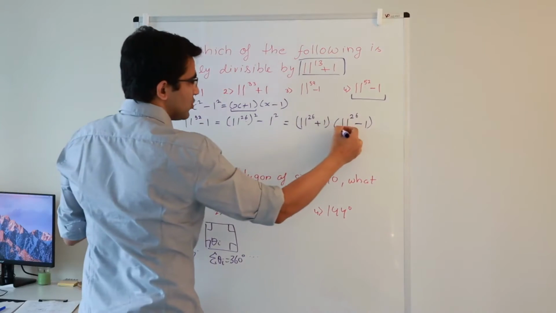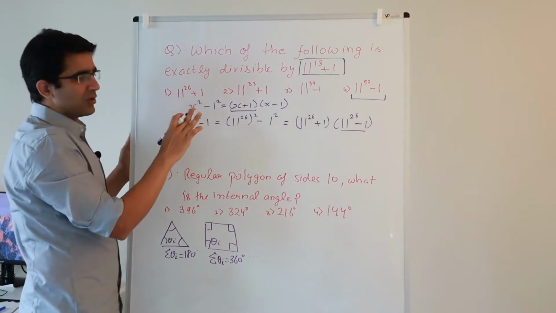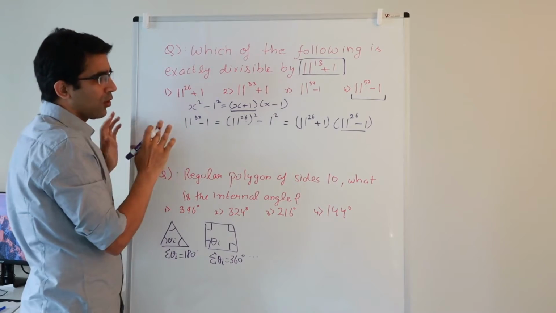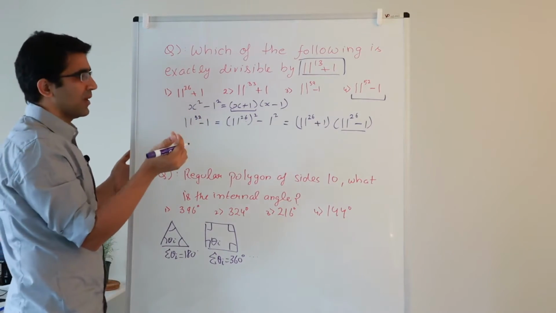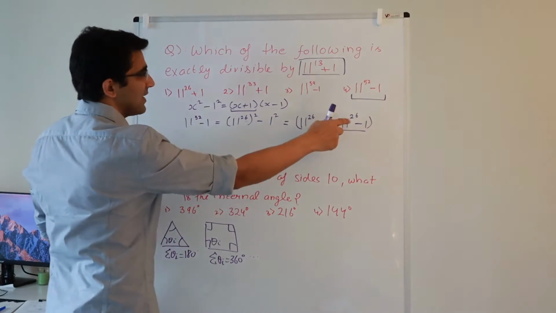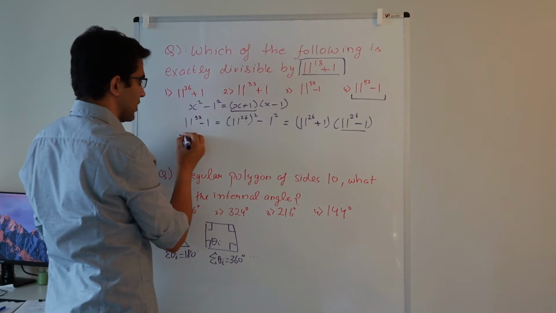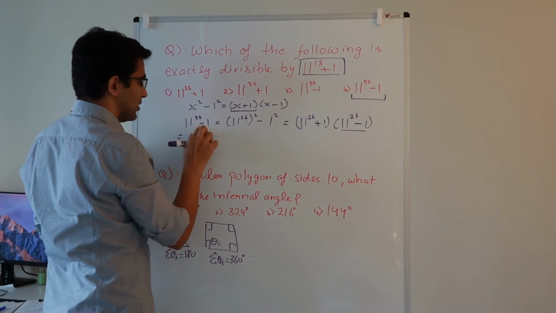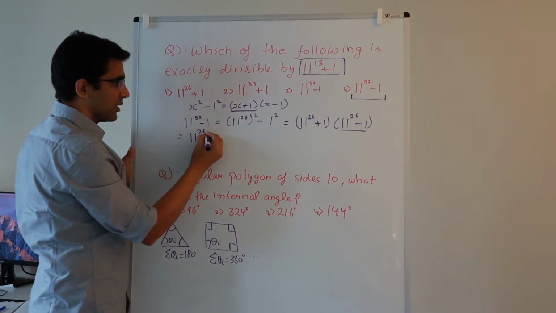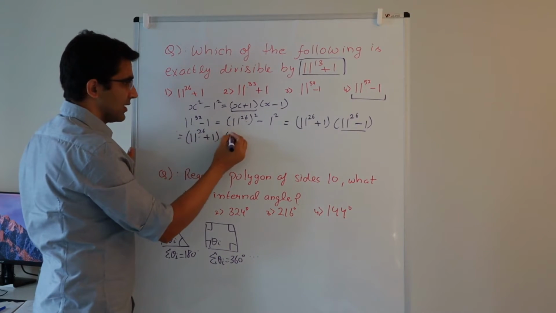Now again you can actually expand this term. I'm writing it in terms of very simple formulas which all of you will be aware of, that x square minus 1 square. I will expand that x to the power 26 minus 1. Before doing that I will just write 26 plus 1 and 11.